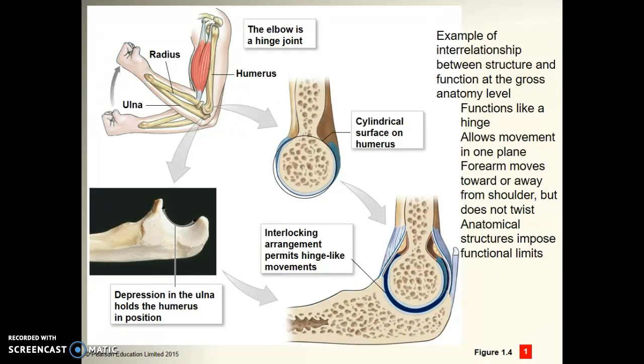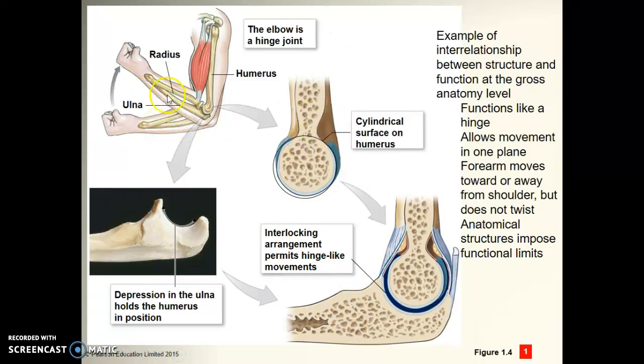This example of the elbow is just talking about how the function is dependent upon the structure. That is, the relationship between structure and function. And in this case, your elbow can only move like a hinge, up and down. It can't twist, it can't rotate, it bends, just like the hinge on a box. And this is because of the structure of that elbow.